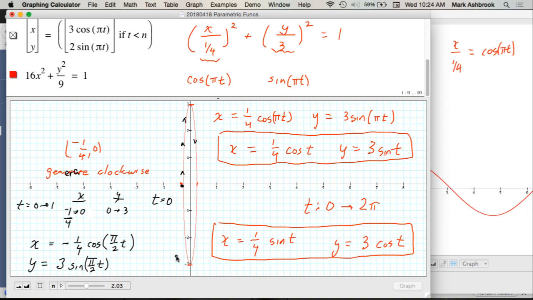Do you see that? So there's 8 possibilities because there's 4 starting points and 2 directions. That's 8 possibilities of where to start and which way to go. And those can all be achieved by x being either plus or minus sine or plus or minus cosine, and then y being plus or minus sine or plus or minus cosine. But they can't both be sine or both be cosine. See that?